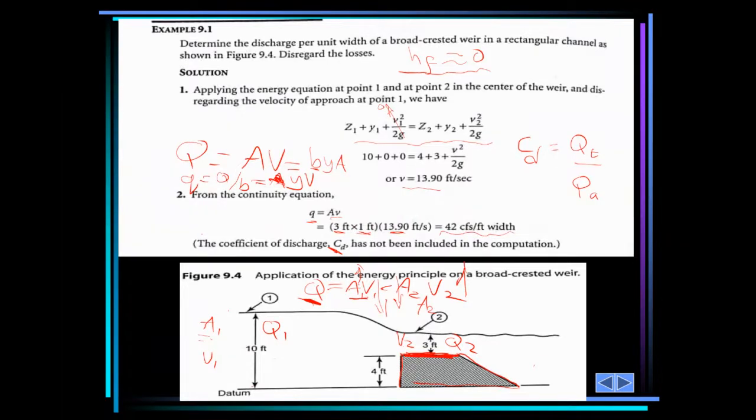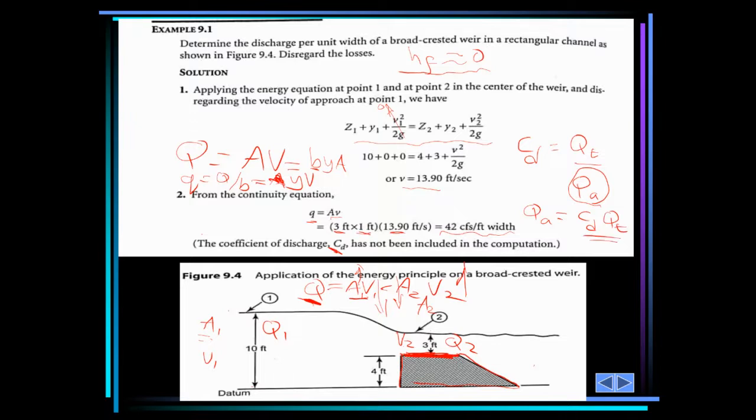If we want to go to the field and measure the flow rate, and then when we calculate it, it will give us exactly what we measured in the field, then we need to find the actual flow rate. And the actual flow rate is equal to the coefficient of discharge times the theoretical flow rate.